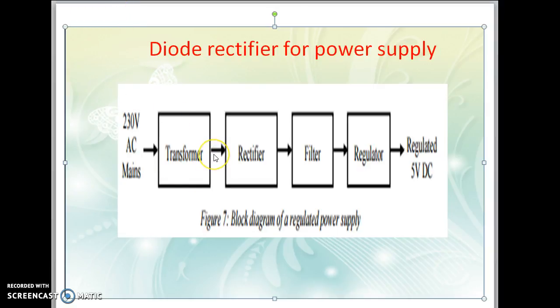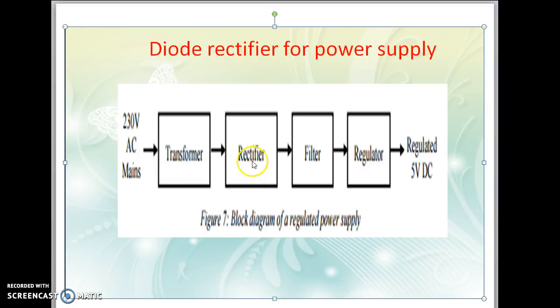After getting the reduced AC, we use a rectifier. The rectifier is a circuit made of diodes. We will convert this lower AC into DC. As we saw previously, a number of rectifiers are there, like half wave rectifier and full wave rectifier.